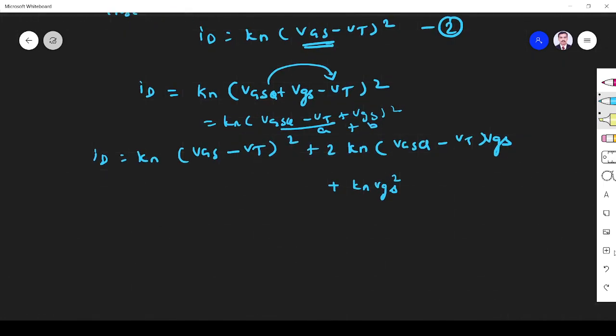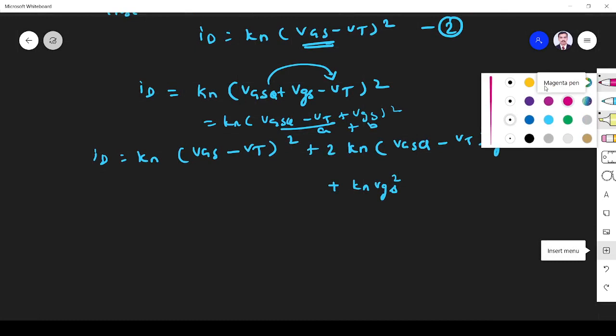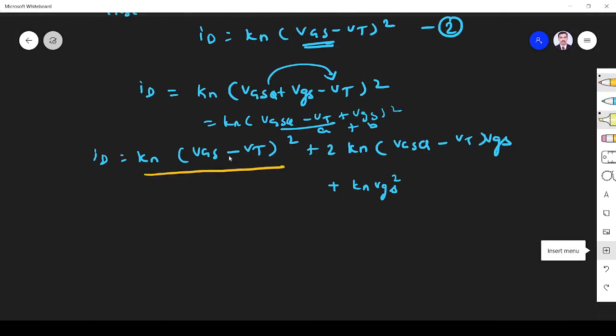Right, so this is a very important point. Here we have to remember something. You see, this is DC component. Everything is DC. This is DC, this is DC, this is some constant DC component. Here we have VGSQ and vgs small. This is the AC component or time varying component.